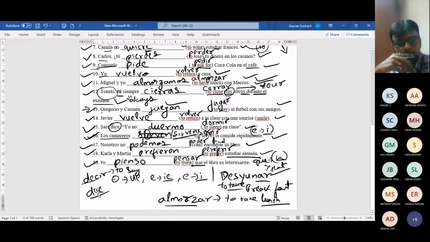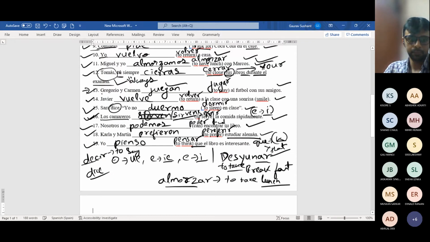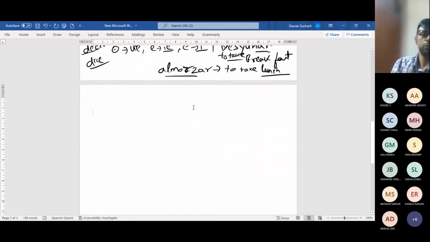Sir, que is also what and que is also that. Actually, yes, que has got a lot of different meanings according to context. Okay. So just to explain you a little bit more, the word que and this word qué with an accent are two different words in Spanish.